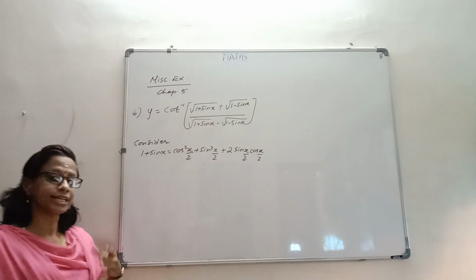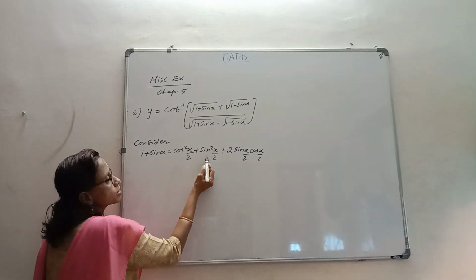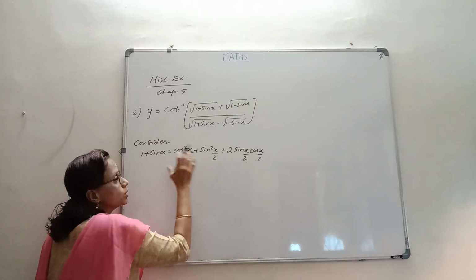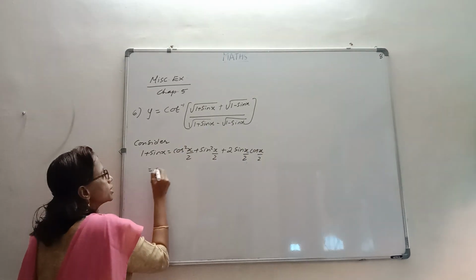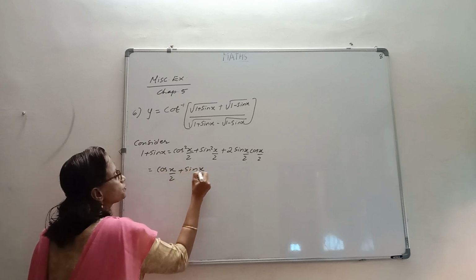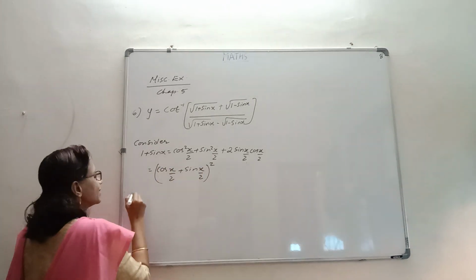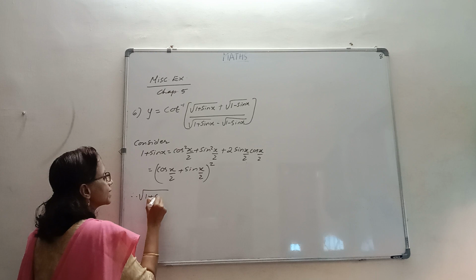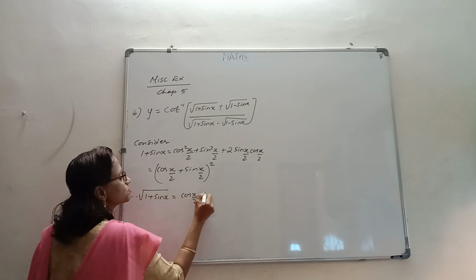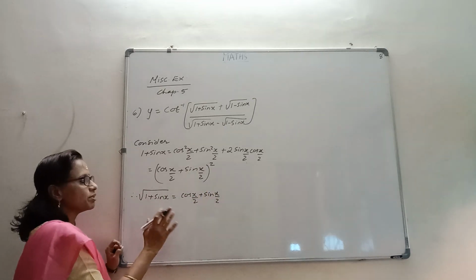So that's our intention. As a result, when we carefully observe the 1 becoming cos squared x by 2 plus sin squared x by 2 and sin x becoming 2 sin x by 2 cos x by 2, this entire expression is actually cos x by 2 plus sin x by 2 the whole squared. Incidentally, our root 1 plus sin x can be easily modified to just cos x by 2 plus sin x by 2, because the root and the square will do away with each other.